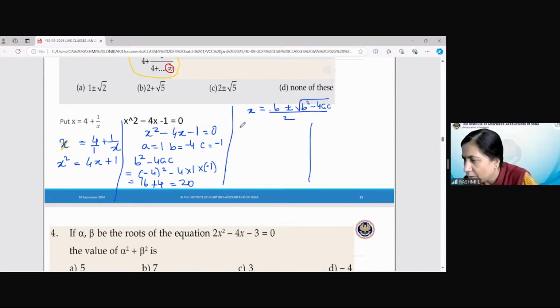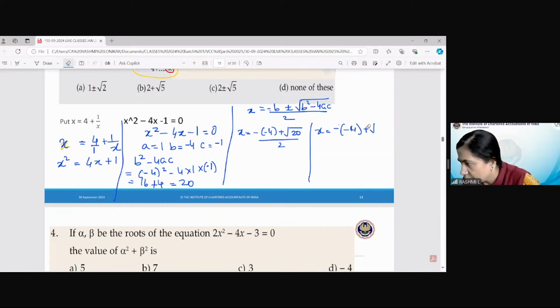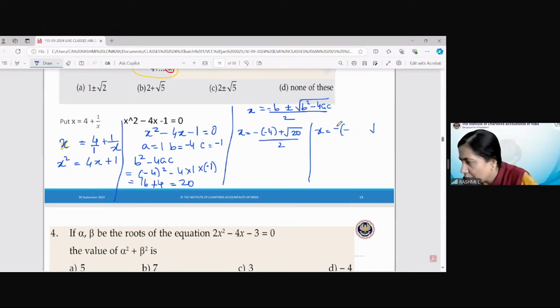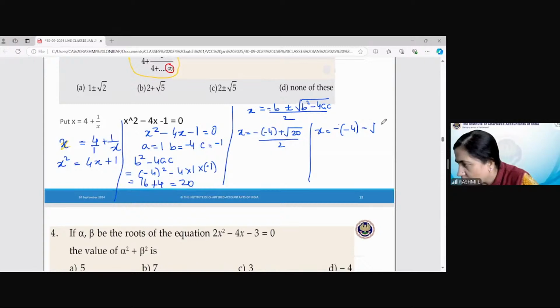So what will I have? x is equal to minus of minus 4 plus square root of 20 upon 2, or x is equal to minus of minus 4 minus square root of 20 upon 2.